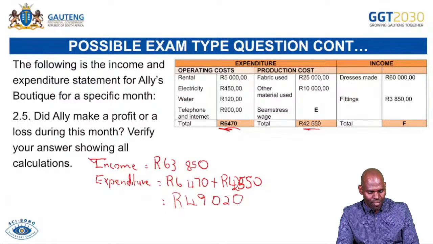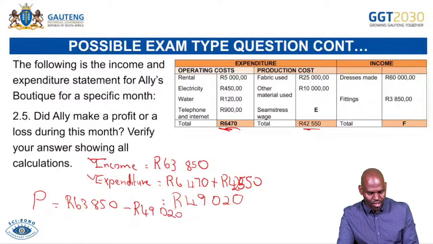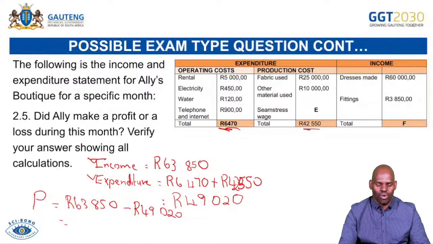If I take the income, I subtract the expenditure. Okay, let's see. Did Ali make a profit? So we say profit is equal to 63,850, and then we subtract 49,020. Some of you can already see that this person is making a profit because the income is bigger than the expenditure, or the income is above expenditure.